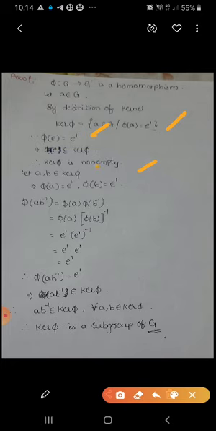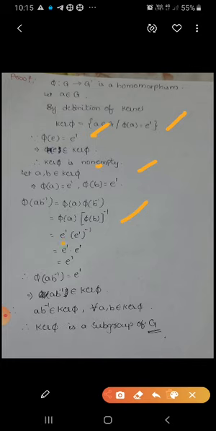Next, let a, b belongs to kernel phi. That implies phi of a equals e dash, phi of b equals e dash. So phi of a b inverse equals phi of a into phi of b inverse. We also know that phi of b inverse equals phi of b whole inverse. So phi of a into phi of b whole inverse.